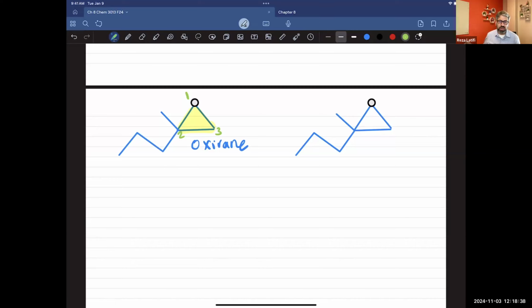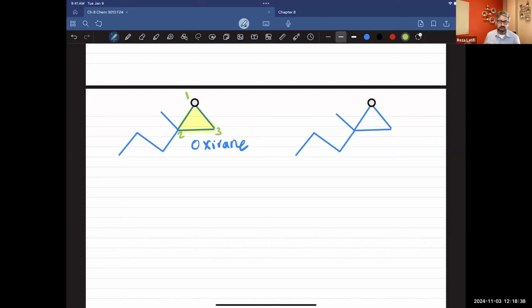We have two substituents: one is the methyl, and the second is the epoxide. Epoxy versus methyl: the epoxy gets priority over the methyl. So the correct name will be this. On 1 and 2, I have epoxy, and then on the second one I have methyl. And I have 5 carbons, so this one will be pentane.